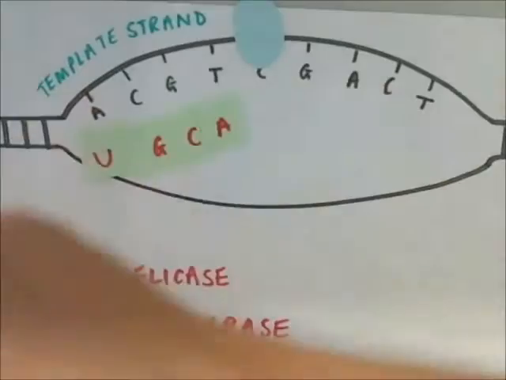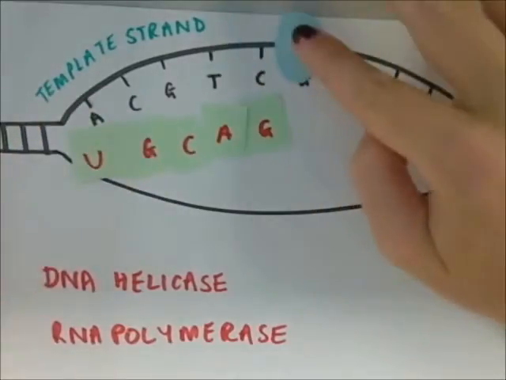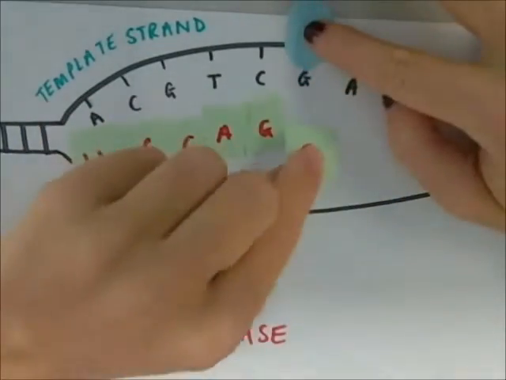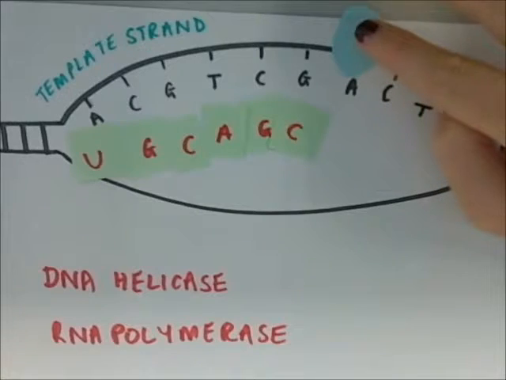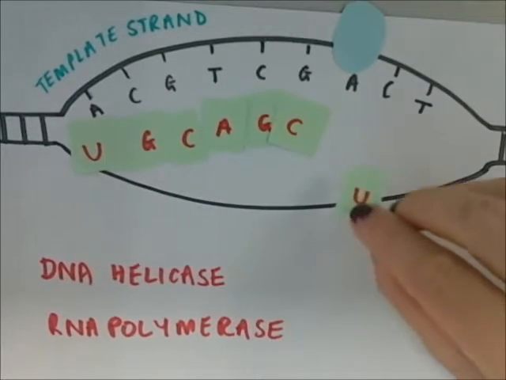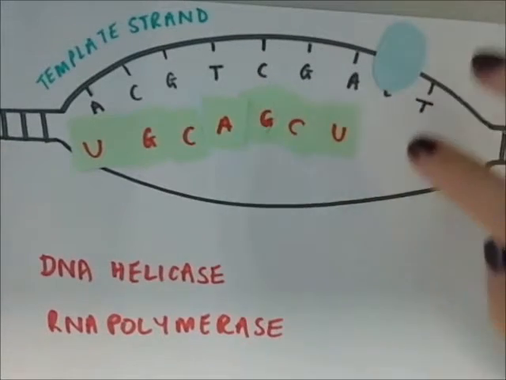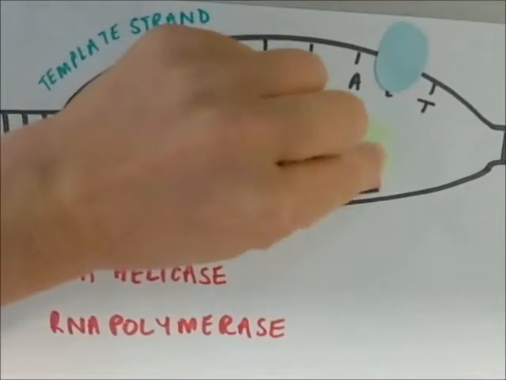Now, as you can see, as it's doing this, it's using the same base pairing rules that we see in DNA, with one exception. Where we have adenine, in DNA you would pair with thymine, but in RNA you pair with uracil. Okay?